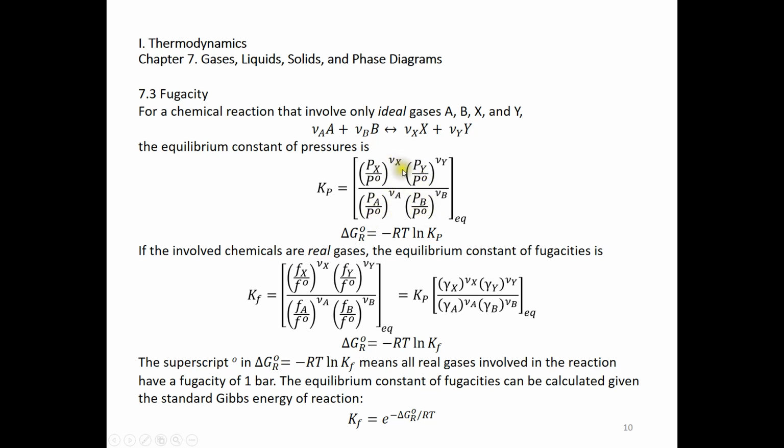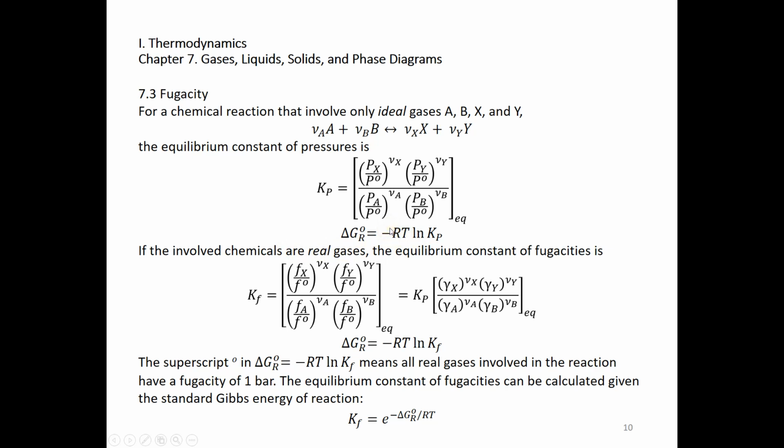We did take care of the coefficients, and then we write, at equilibrium, if we get this expression, this is the equilibrium constant of pressures. Given this equilibrium constant, we can easily calculate the standard Gibbs energy of reaction, which is negative RT times the natural logarithm of K.